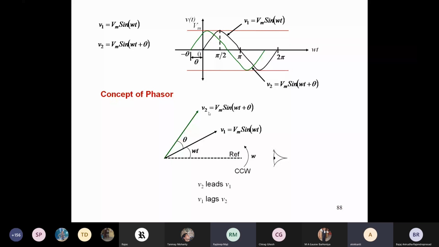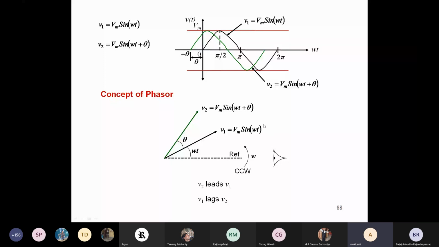Here, omega t. V1 should lie along the x-axis. You can keep it anywhere. So if you make V1 lie on the x-axis, then V2 will be just theta ahead. Okay.